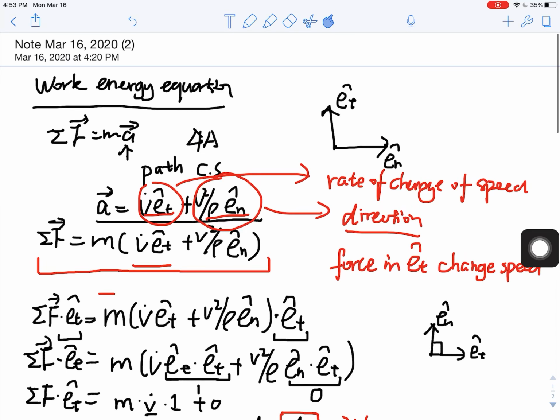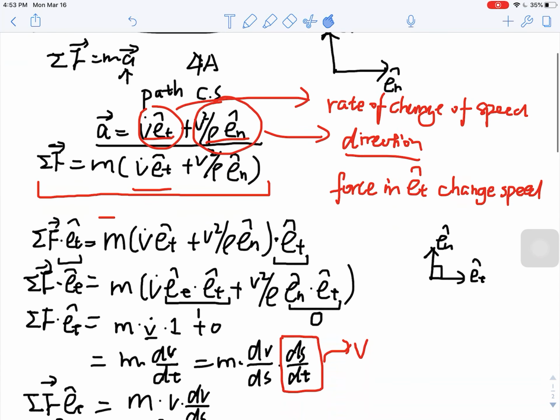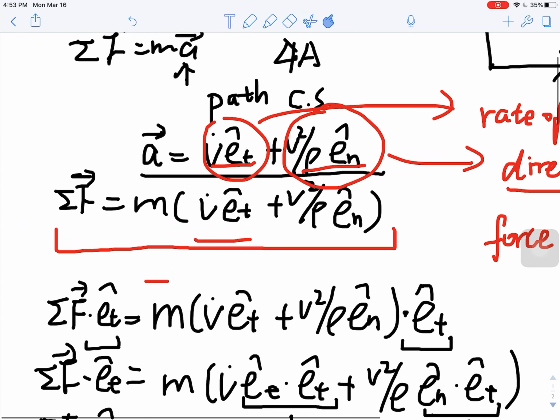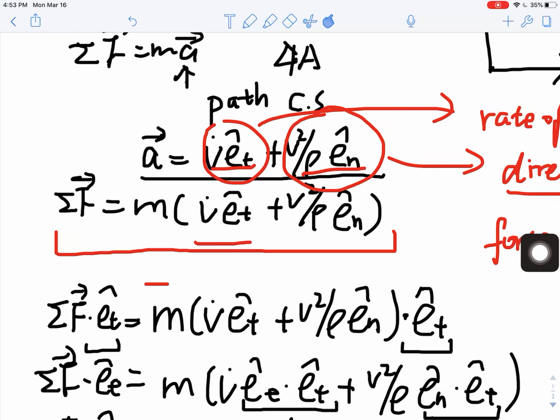Do you remember what we did? We started with a vector equation with vectors on both sides of the equation. Then we took the dot product with et hat on both sides of the equation.